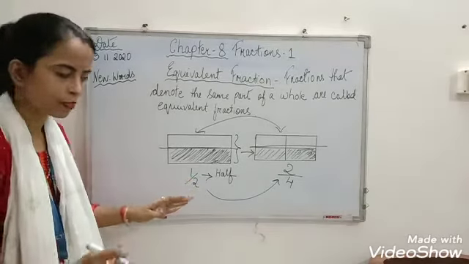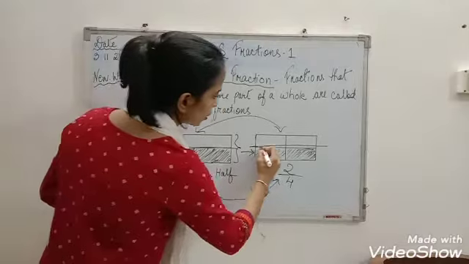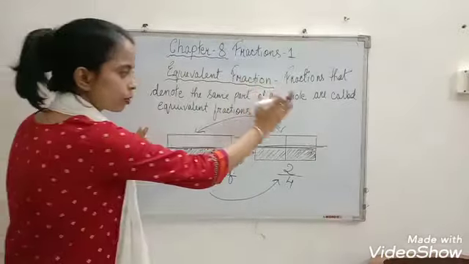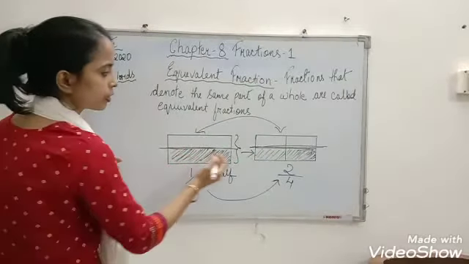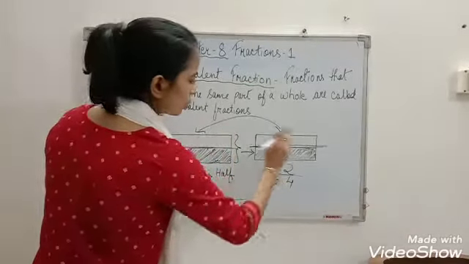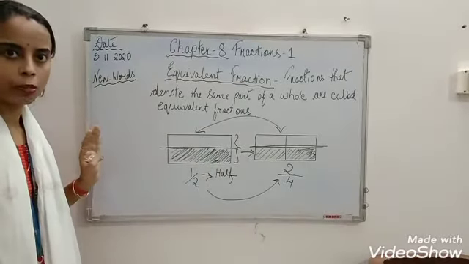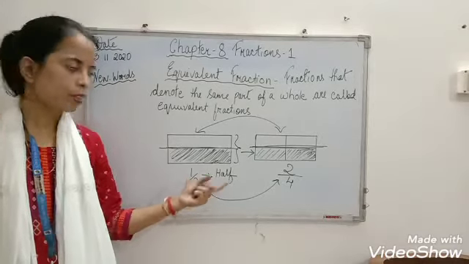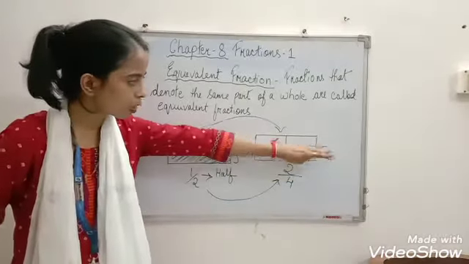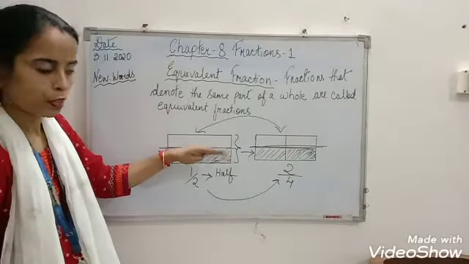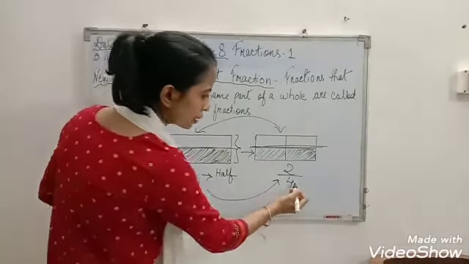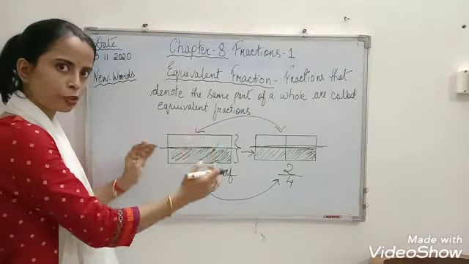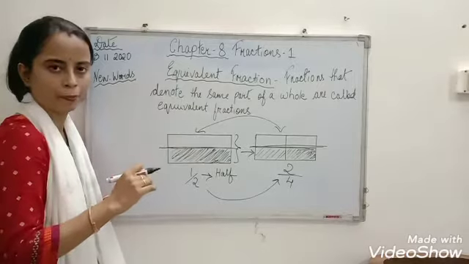I hope it is clear. Through this pictorial diagram, you can easily find that both show equal shaded parts. So we can say 1 by 2 is equal to 2 by 4. So this shows equivalent fraction.